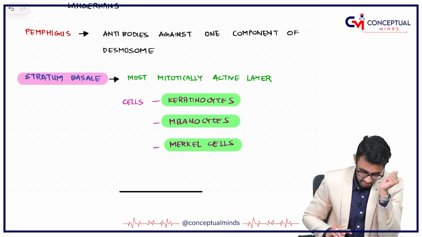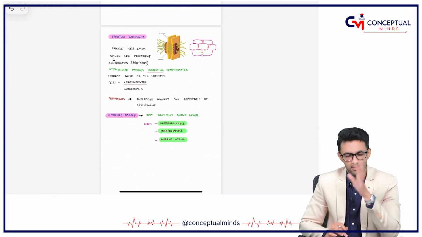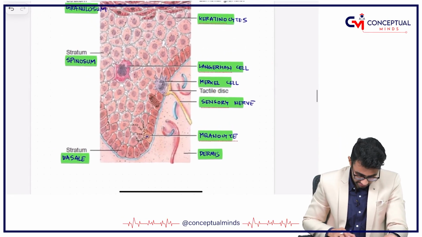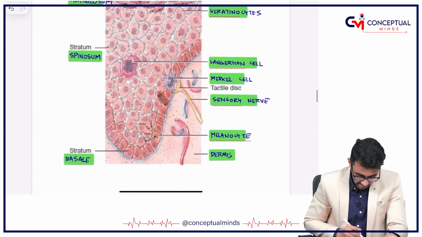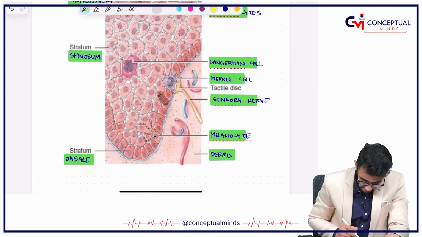Okay, alright, so let us go back to the diagram and we will summarize everything once again. We just completed the stratum basale right here. I will take this opportunity and mark the whole thing out.